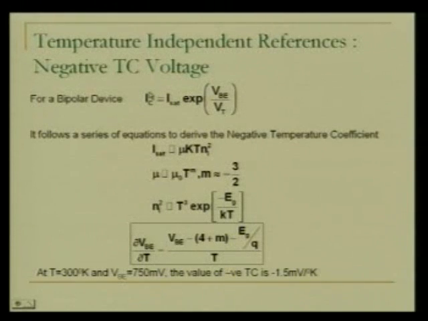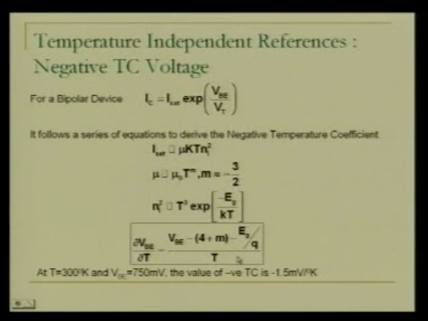All the parameters are very much dependent upon temperature, and if you write the gradient of this equation, that is del VB del T, it bears equations like this. If you put those terms there and solve for the expression del VB by del T, you will get this expression.